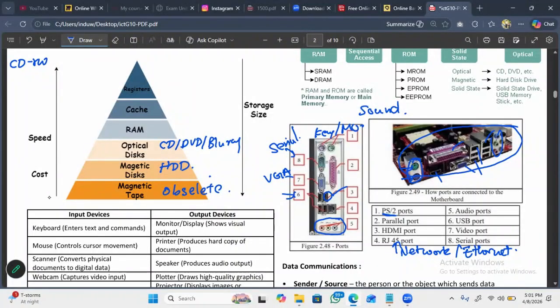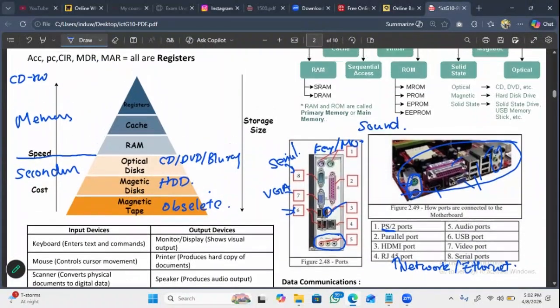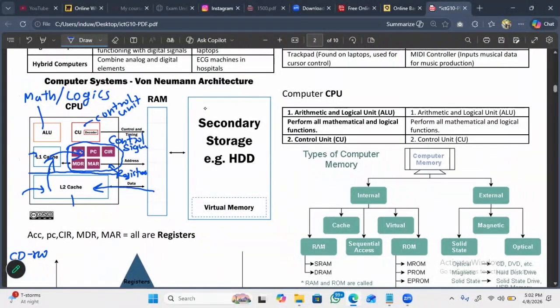So what we can see is that these three red color ones I mark as secondary storage, and the blue color ones are the memory, which is primary. In this image also, see, blue color ones are all our memory. Here you can see ALU and CU are not memory devices.